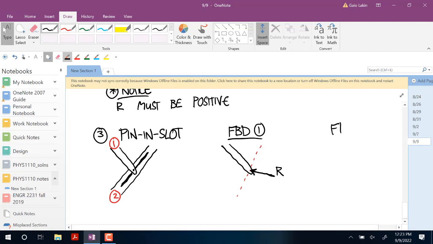And if you're drawing a free body diagram of the other one, it's a Newton's third law pair, so it has to be perpendicular to the first one.